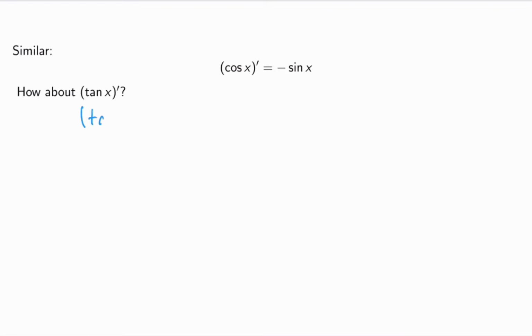So tan x prime, of course this is sine divided by cosine of x prime. And then we have a rule which we can use. Yes, the quotient rule. Low d high minus high d low, draw a line and square below. So let's do this. Low is cos, d high, so high is a sine, and the derivative of a sine is another cosine.